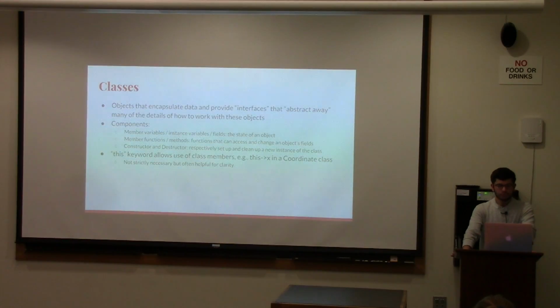As I mentioned, classes will generally have some or all of these things. Member variables, instance variables, or fields, which are, as I was saying, the size and whatever internal way you're storing all the data. Member functions or methods, those are your getters and setters, like getX and setX for a point, as well as contains, clear, and all those things.